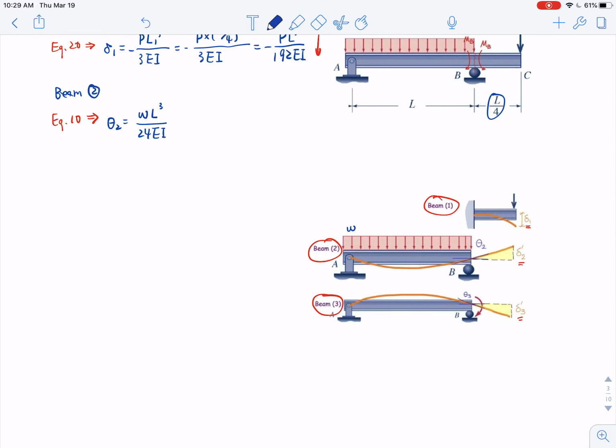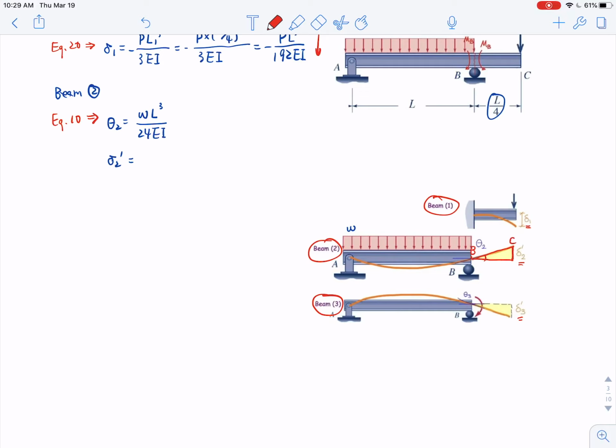The deflection delta 2 prime is found from this triangle. We know this angle equals theta 2, and this is BC.